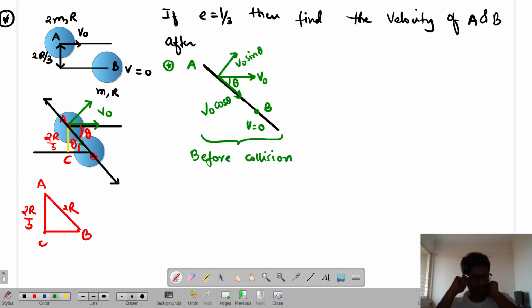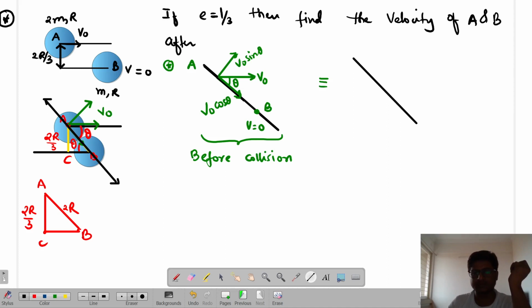Now, after collision, what will happen along the line of impact? One thing is particularly damn sure, that A will have the same velocity perpendicular to it, V0 sin theta.